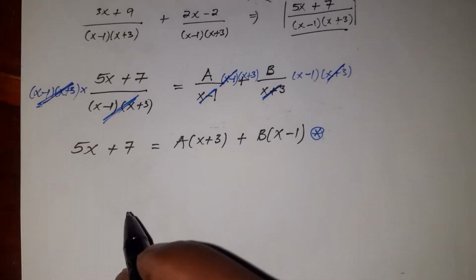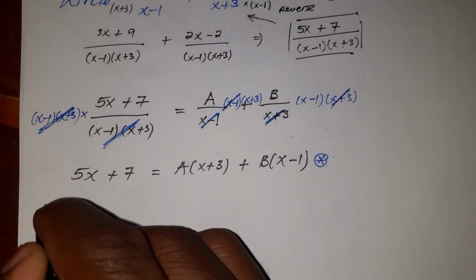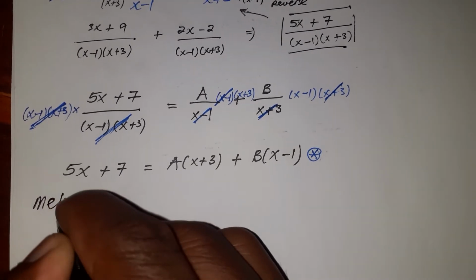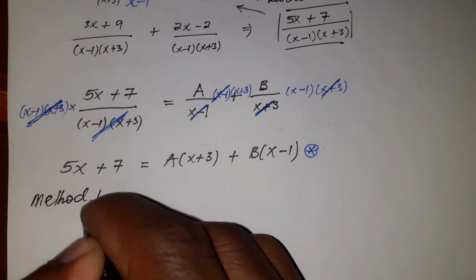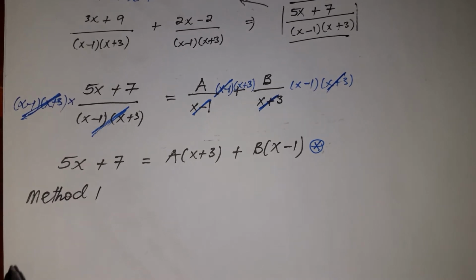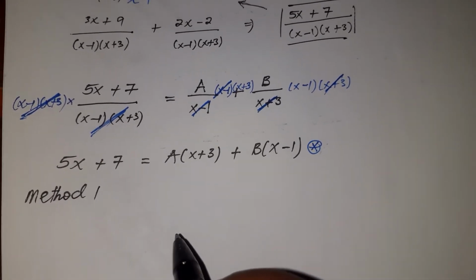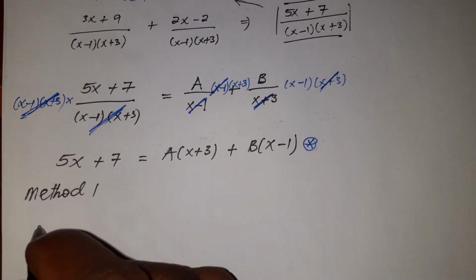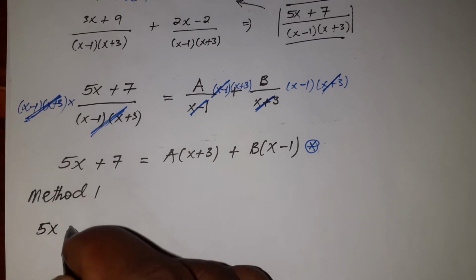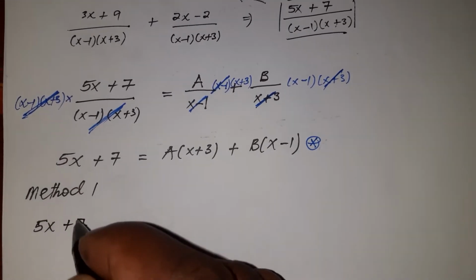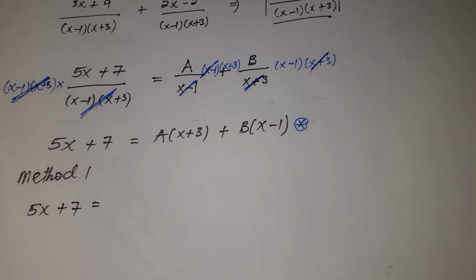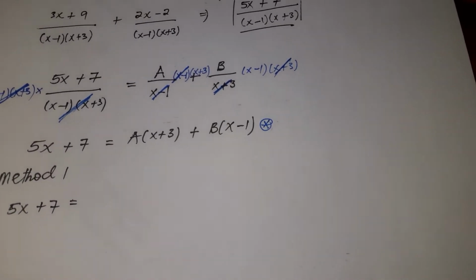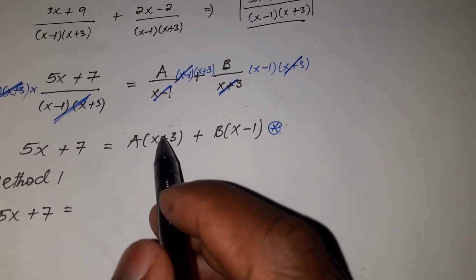Now, the first method, let me call it method 1. What we do with this method, we rewrite this 5x plus 7 equal to, we expand these brackets here.